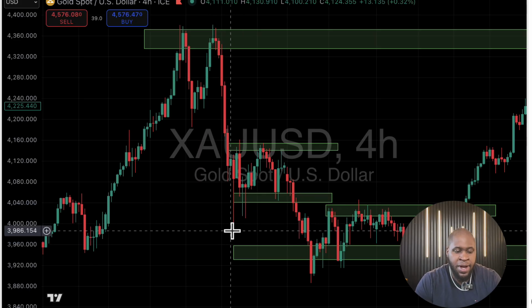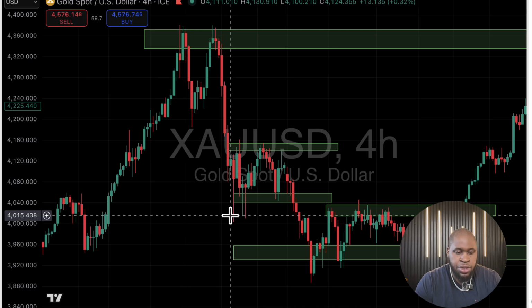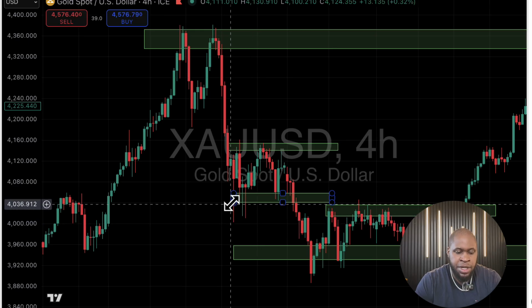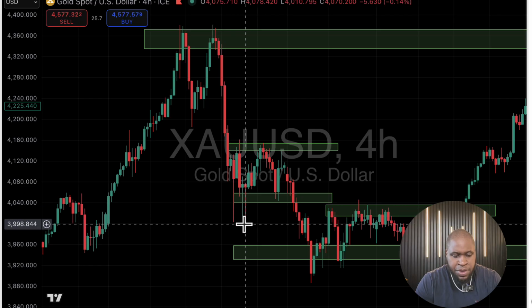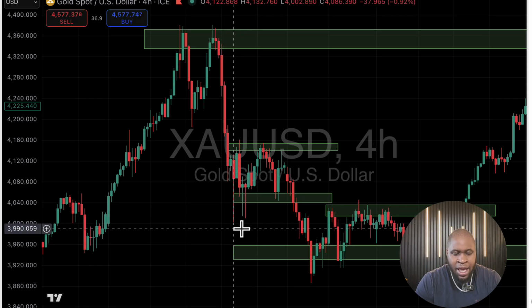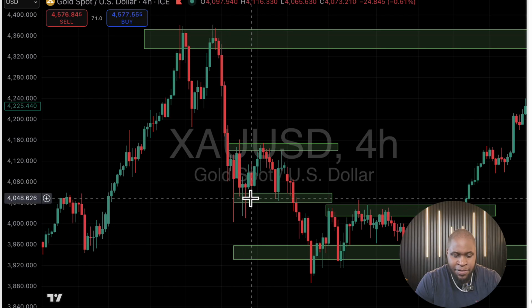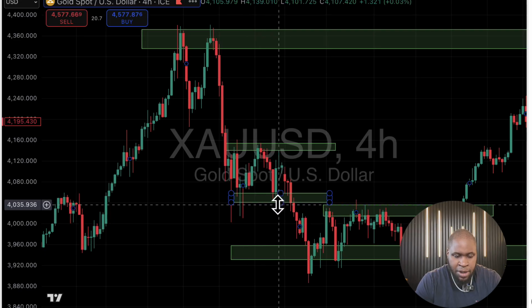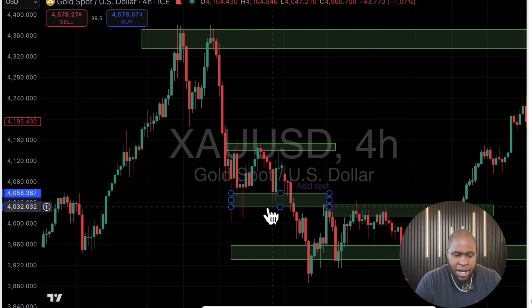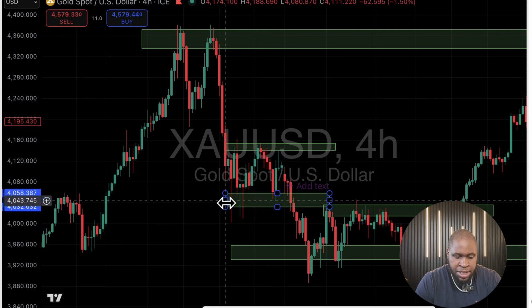Which is why, if we have some long wicks coming from certain candles and they create some kind of area, I like to take about half of the wick as an area of either support or resistance.